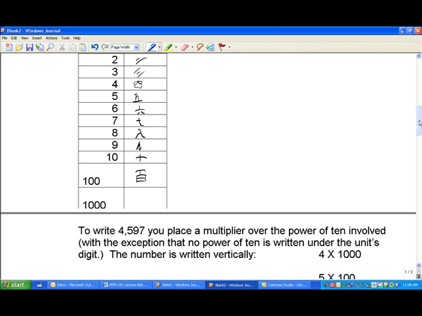1,000 is not too bad. And I see my 0 got cut off of this, so I'm going to put that over here. The symbol for 0 is miserable to draw. I don't know why they picked something quite so complicated. I'm going to try my best to duplicate it here. I need 3 of those.